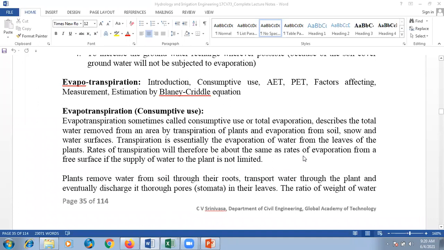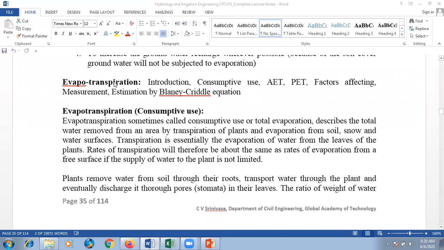So evaporation from soil and transpiration by the plant, combinedly, is known as evapotranspiration. And many a time this term evapotranspiration stands for consumptive use, that is, the water which is used by the plant or vegetation.